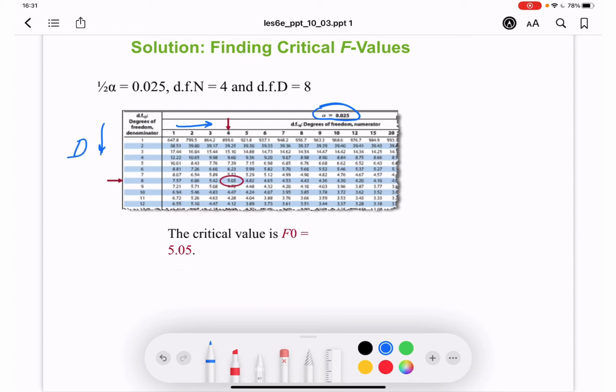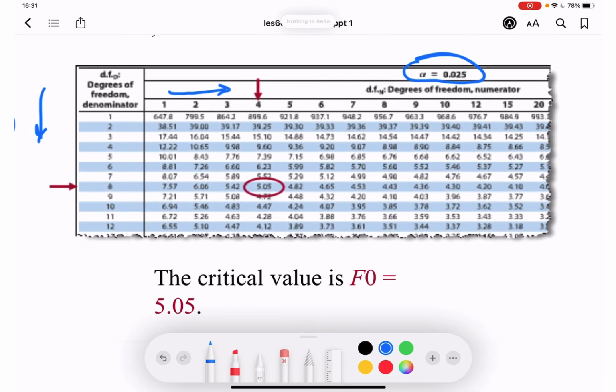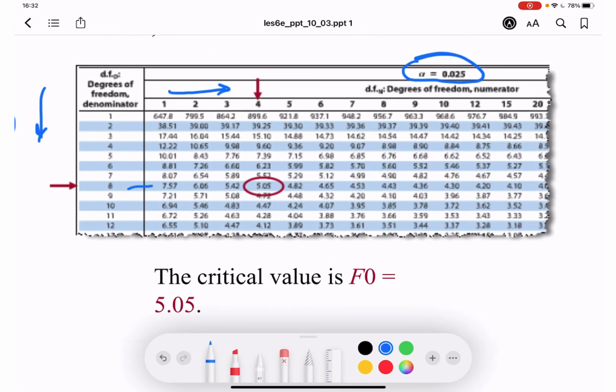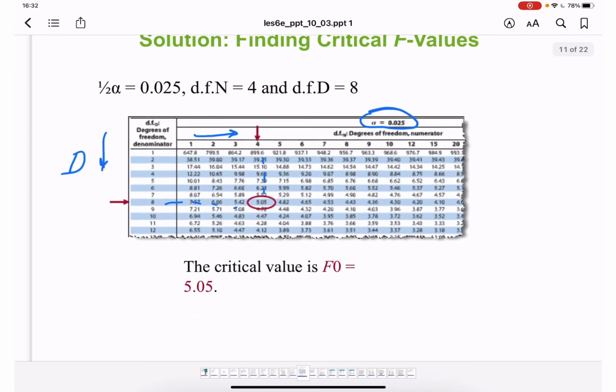So we have 4 and 8, and we take the intersection of these two. It's going to be 5.05, and that's going to be our F critical value.